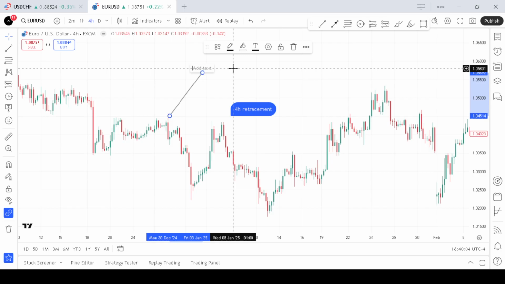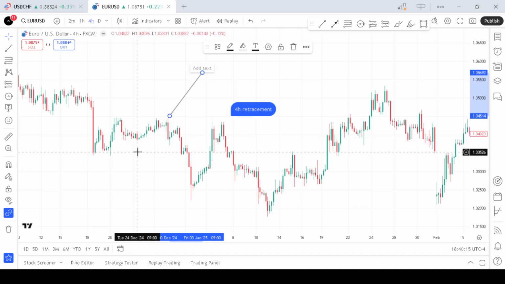The beauty of this annotation tool is that it saves directly onto your chart in TradingView. Every note, label or marker stays exactly where you place them on the chart. Even when you reopen your chart later, this ensures that all your observations remain intact and accessible for future reference.